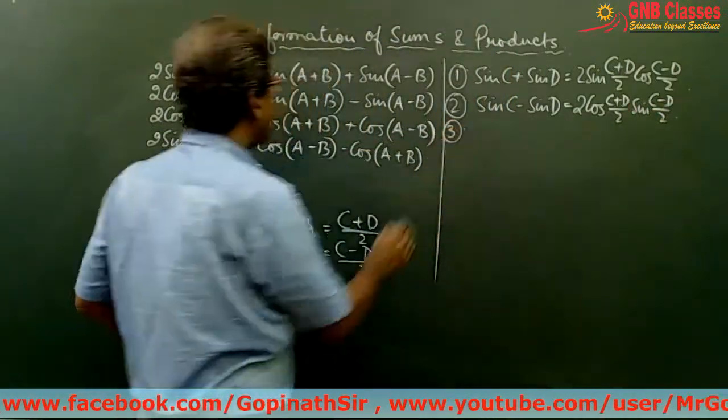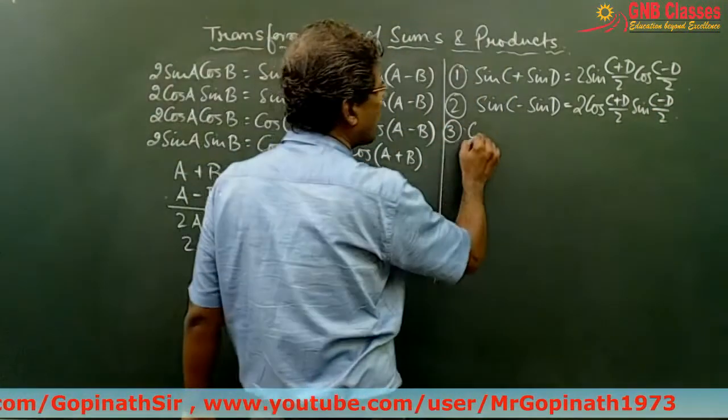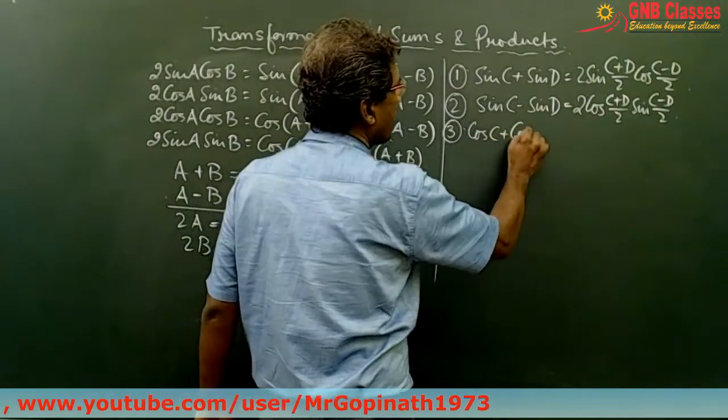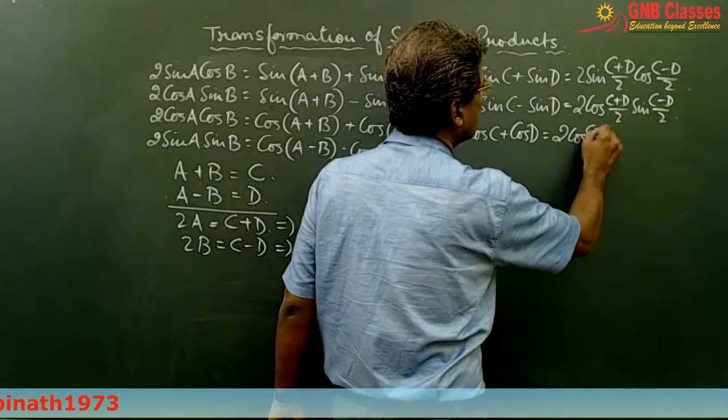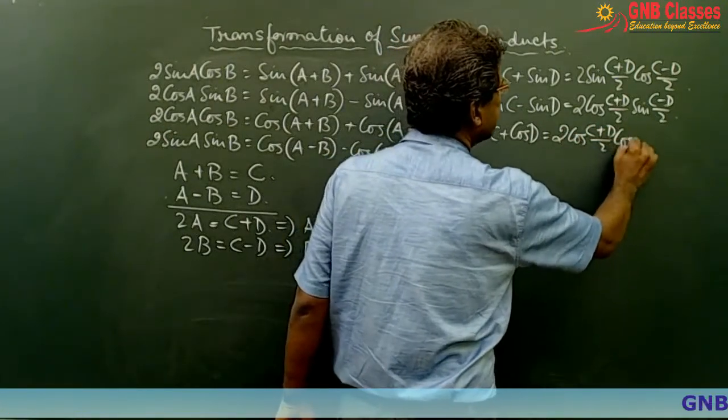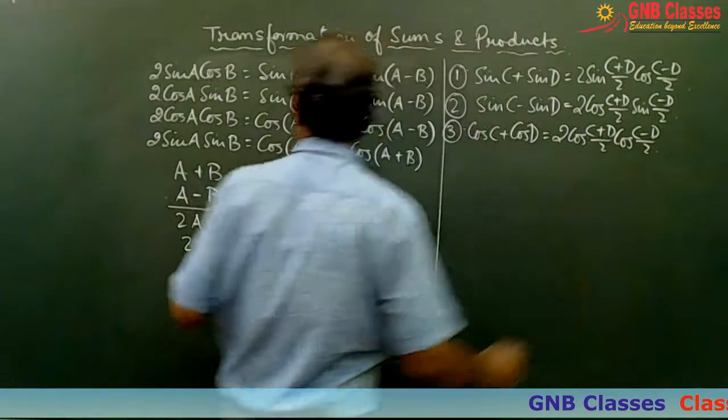For the third equation, we are going to get cos C plus cos D. That will give you 2 cos C plus D by 2 cos C minus D by 2, right? From the third one.